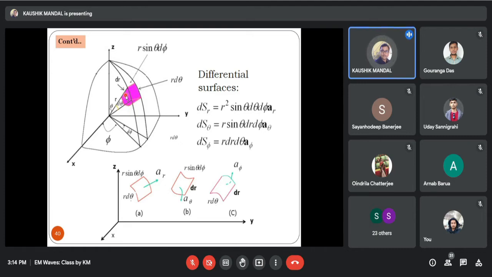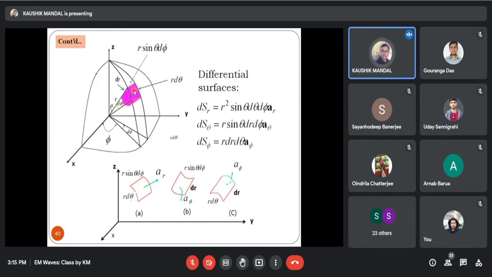It is due to the increment of theta, so in that case you have to consider the unit vector a theta. And what about the sides of this surface? This side is r sin theta d phi, and this particular distance is dr. That is r sin theta d phi dr, and the direction of the corresponding unit vector on this surface is a theta.